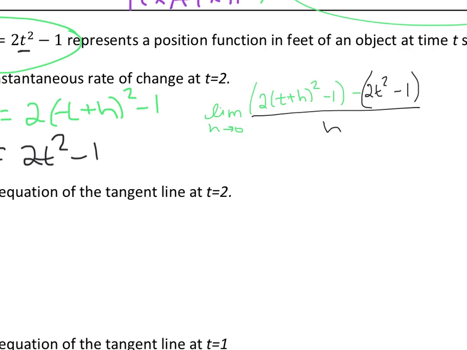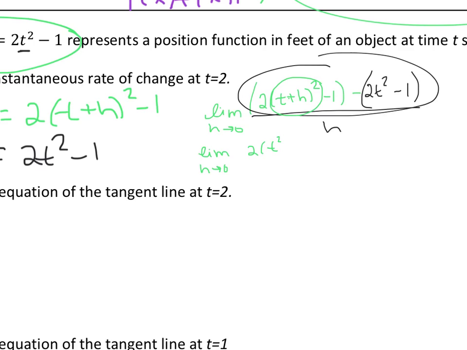Okay, now I obviously can't just use substitution right away because then I'm dividing by 0. So just like before, when you divide by 0, that's your hint to do something else. So right now, the something else we're going to do is we're going to expand our numerator and simplify the heck out of it. So when I expand my numerator, I'm going to get the limit as h approaches 0 of 2, and then I'm going to use binomial multiplication, or the box method, to expand that piece of it.